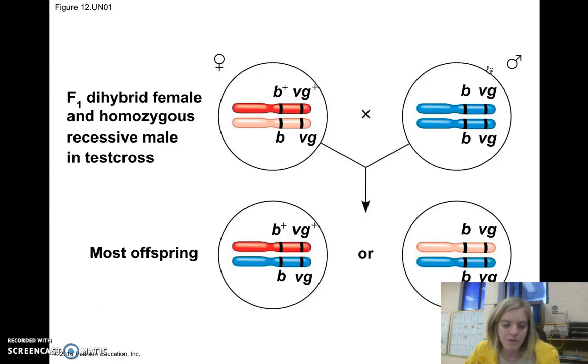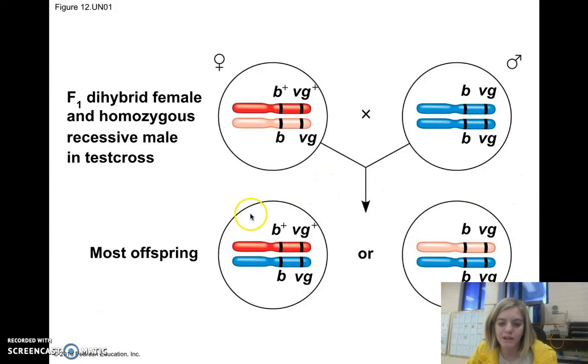So this is what you can kind of imagine the chromosomes of those flies looking like. This would be our wild type mother, who is gray with normal wings, but she's a little bit dihybrid because you can see she's got the wild type here and then the recessive phenotype here. And then the male, we have a black fly with vestigial wings, and he has both the recessives.